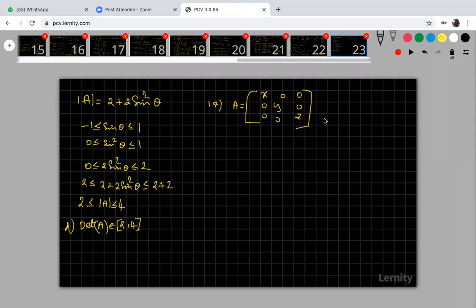Find the determinant of A, find the adjoint of A, find the cofactors. What is the answer you are getting? This is the answer: 1 by X, 0, 0; 0, 1 by Y, 0; 0, 0, 1 by Z. Are you getting this? Please check that.